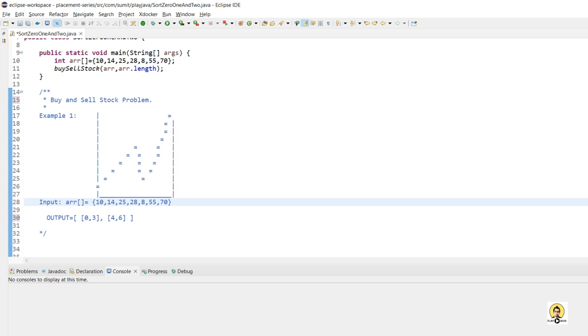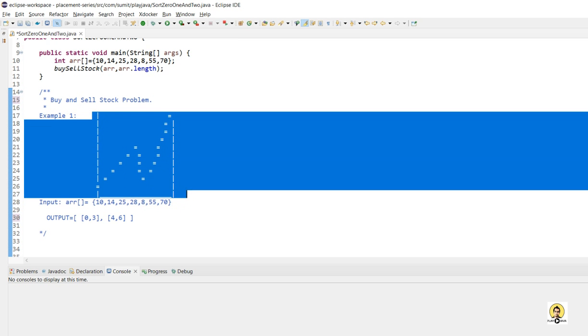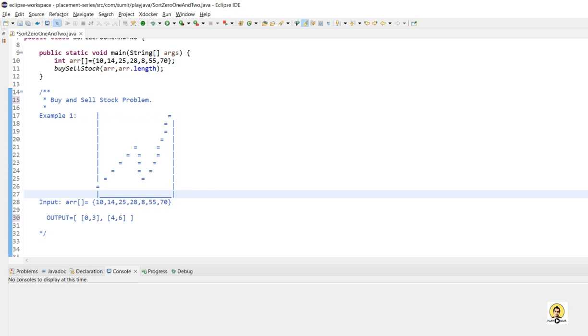So here, at day 0 it is 10, then it is increasing, so it went high. I created this kind of pictorial graph just to demonstrate how the stock market is flowing for this given array.